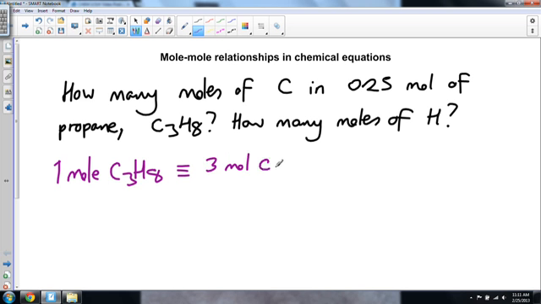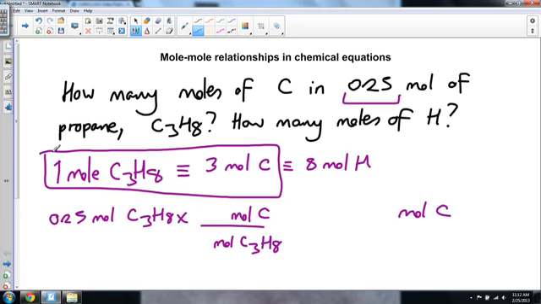Of course, that means for our units here, we've got to have moles of propane on the bottom, so they can cancel out, and then moles of carbon on the top. So our conversion factor here, or our mole ratio at least, shows 1 mole of propane gives us 3 moles of carbon. So therefore, when we cancel that out, 0.25 times 3 is 0.75 moles of carbon.